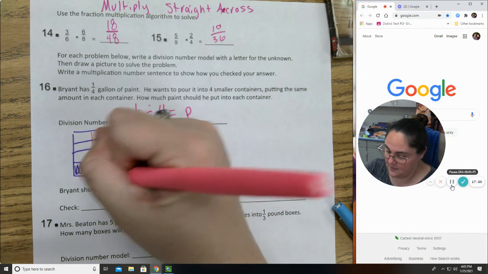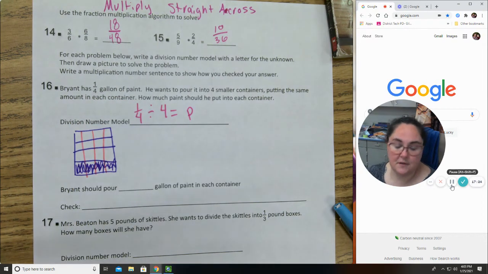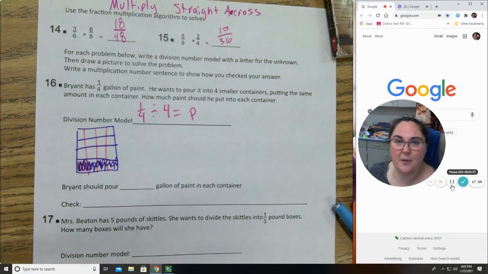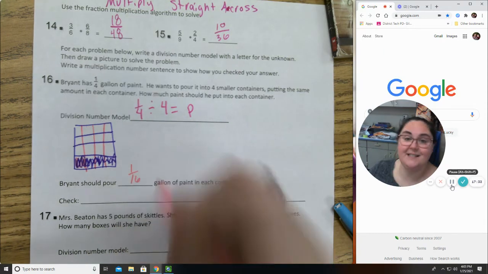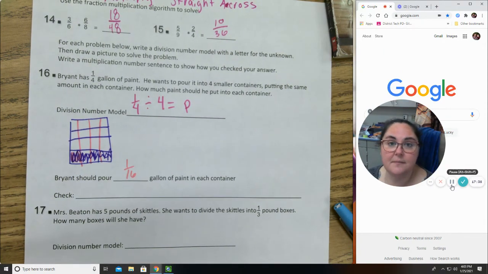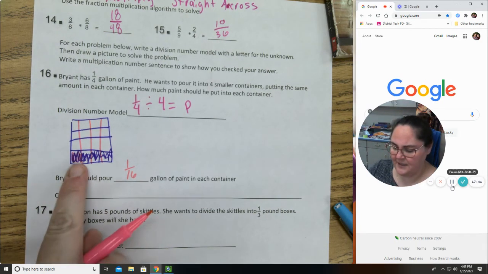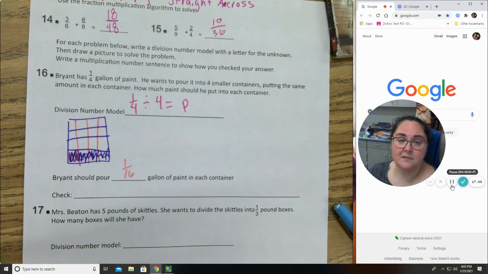So 4 separate containers. So each container gets this amount. They get 1 piece out of how many total? Well, they'll end up getting 1/16 of a gallon of paint. Awesome. Do you see how my picture kind of shows that? I separated it into 4ths, and then I separated it into 4 pieces again.